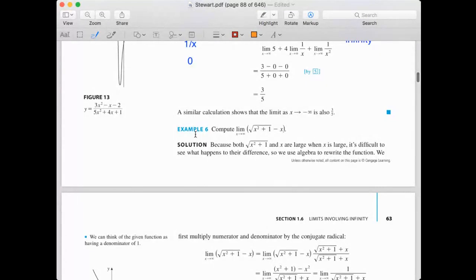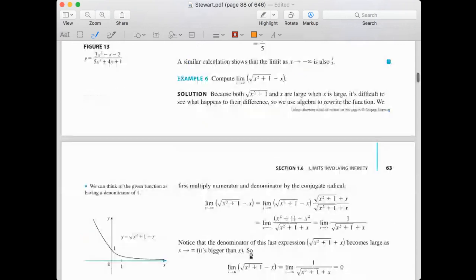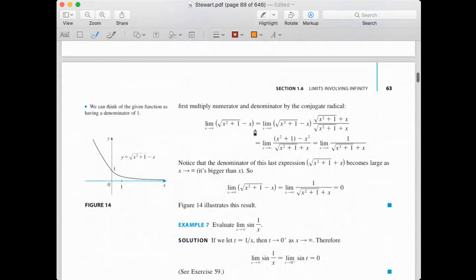Okay, let's see this one. So this one is polynomial-like. If it's polynomial-like, let's see. So we have 2 parts. We have square root of x squared plus 1 minus x. So what do we do? Let's multiply by its conjugate because it's difficult, right? Because when we take the limit of this part, we get infinity, and minus the limit of this part, we get infinity.